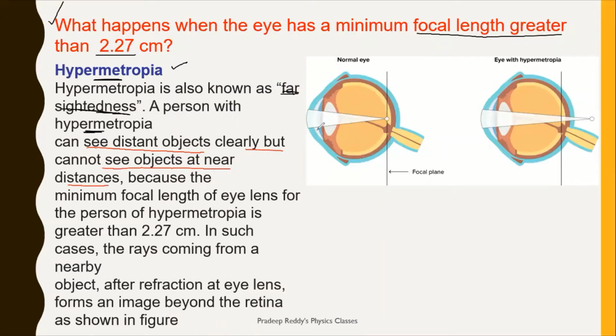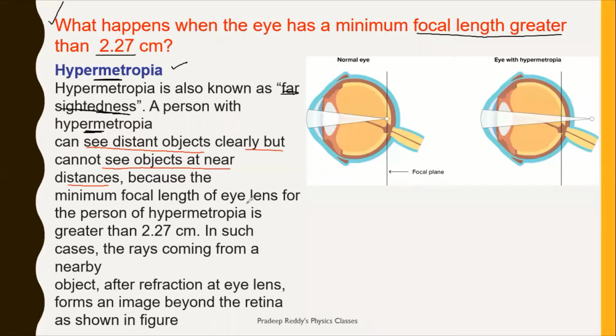Whereas myopia is opposite to this. In hypermetropia, a person can see longer distance objects, but he could not see objects which are closer. In case of myopia, a person can see closer objects, but farther objects he could not see. And they are exactly opposite to each other.